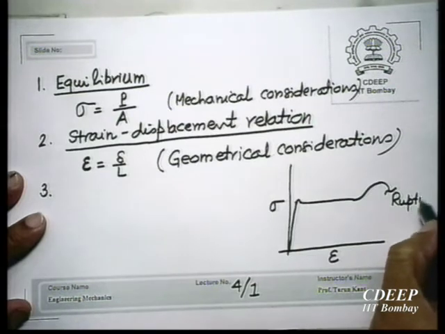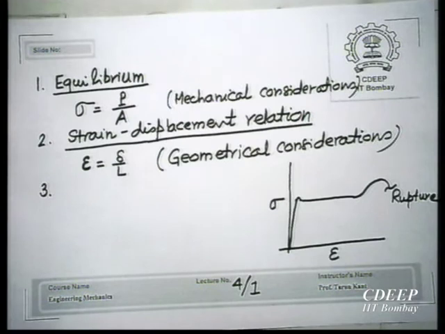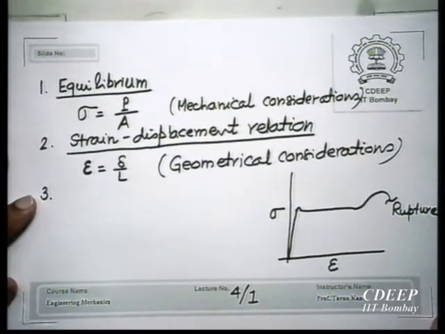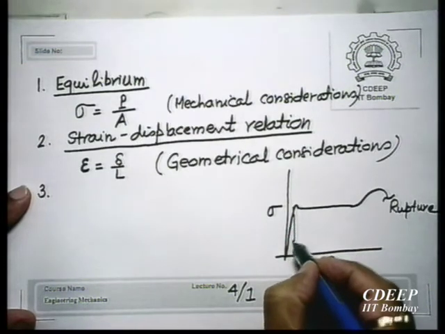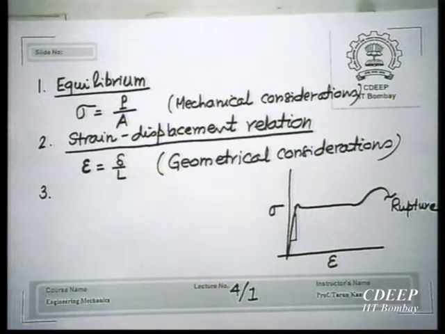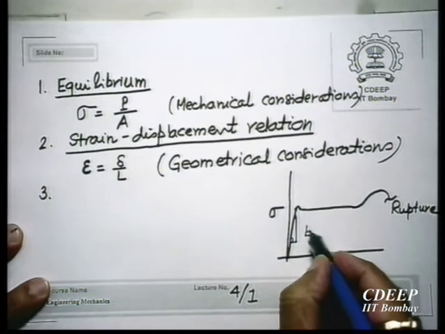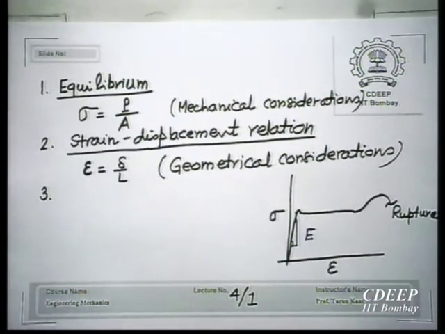I want you to study all this, and that is why I have given you the assignment. Yesterday we were at this diagram, and this portion is linear, that means the stress versus strain is a linear variation. You have a constant slope, and this slope is denoted by a quantity called the modulus of elasticity of the material, Young's modulus.